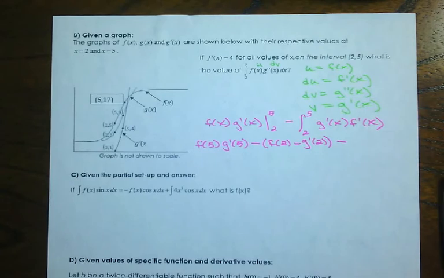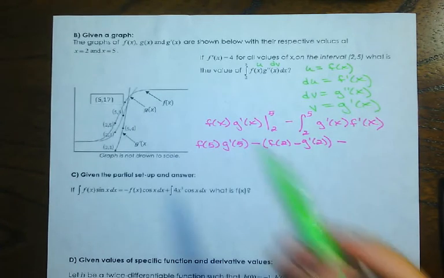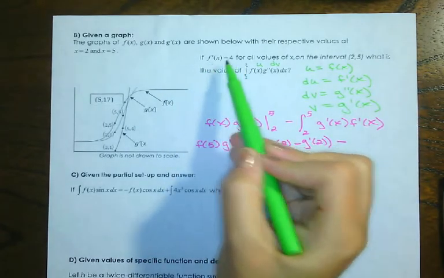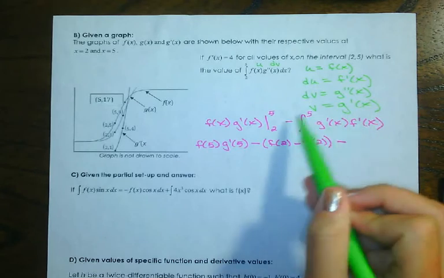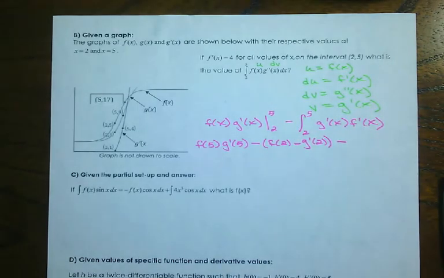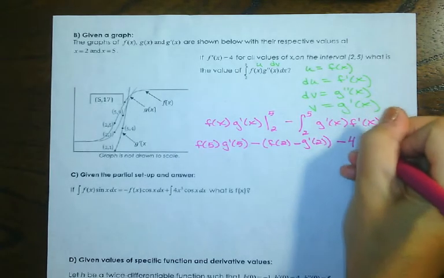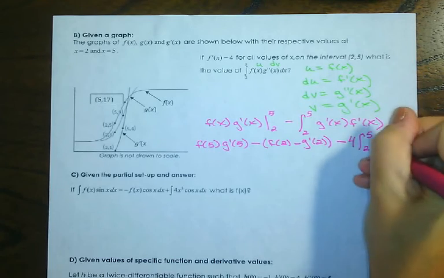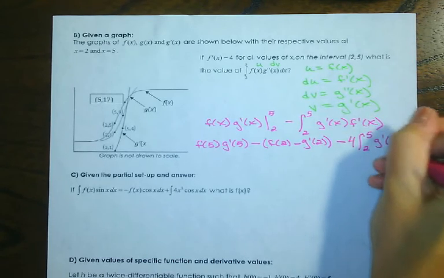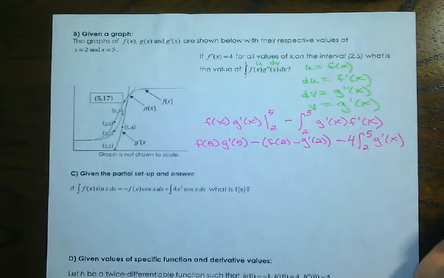Well, good news. They gave me something in the stem. It says if f prime is 4. Well, if this f prime is a 4, then I'm just going to pop that out front. So that's really just going to be 4 times the integral from 2 to 5 of g prime of x.